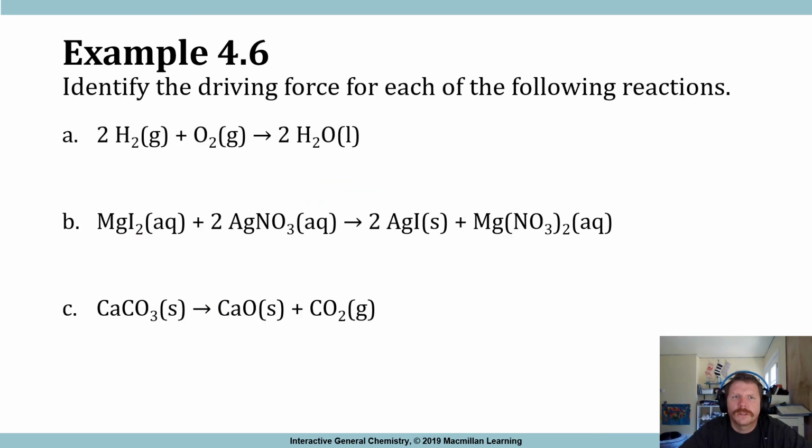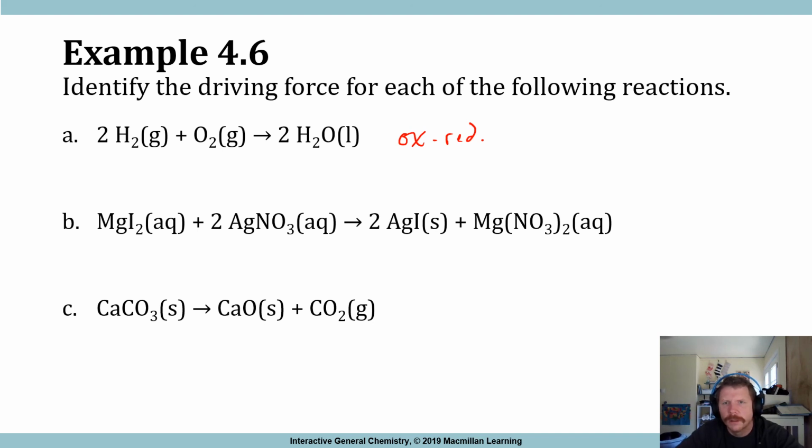So when we look at this particular reaction, this first one up top, what do we have? We've got a synthesis reaction. This is a great example of an oxidation reduction. Our double displacement reaction here, option B, is going to be a precipitation reaction.